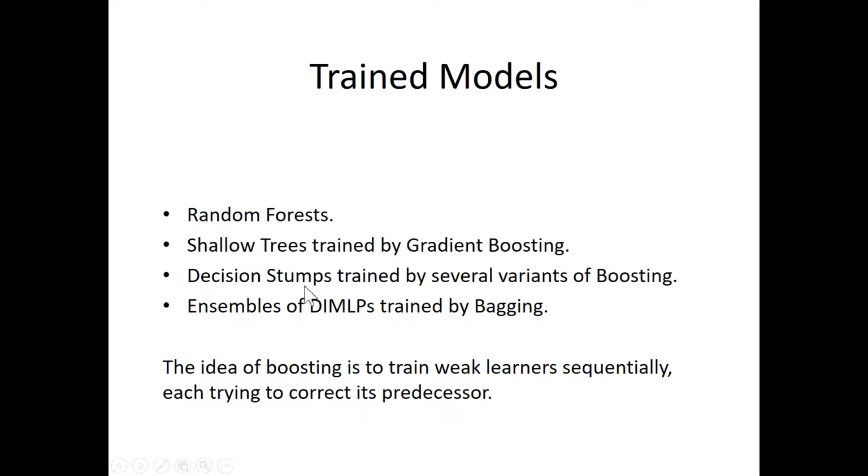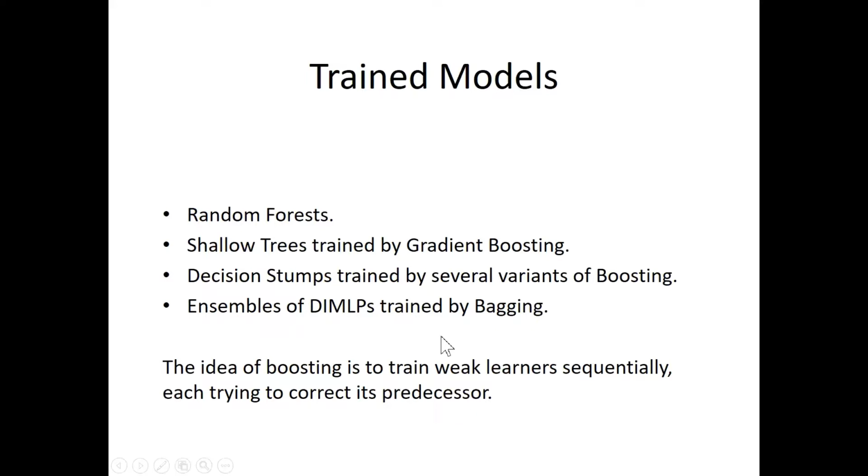It's a decision tree with only one node. It's a very weak learner, but with boosting, it's interesting to have weak learners that become very strong after many stumps trained by boosting. Also, we used ensembles of DIMLP networks trained by bagging.